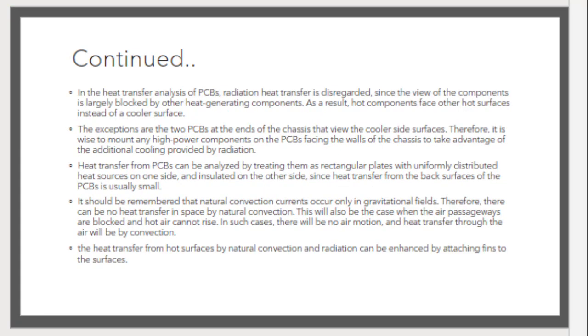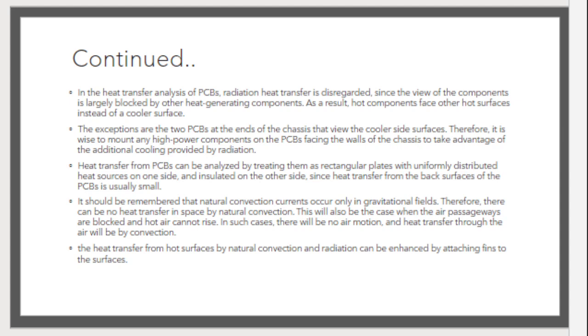In the heat transfer analysis of PCBs, radiation heat transfer is disregarded since the view of the components is largely blocked by other heat generating components. As a result, hot components face other hot components instead of a cooler surface.